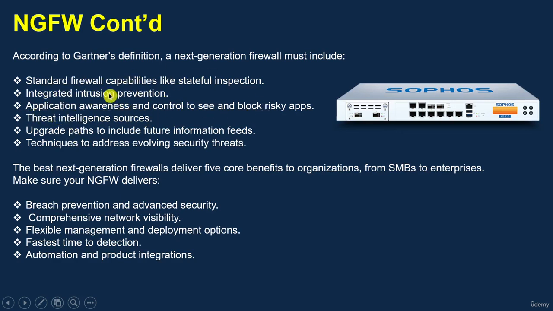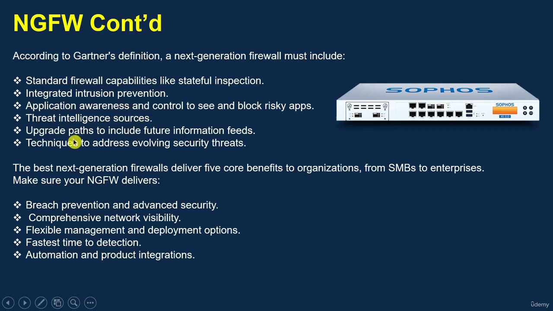The next point is application awareness and application control. The NGFW must be able to block risky apps, something like torrent apps and other unauthorized, unwanted apps. It also has threat intelligence sources, which means it has the capability of live protection. If a suspicious file or packet is detected, it can analyze that packet using these threat intelligence services.